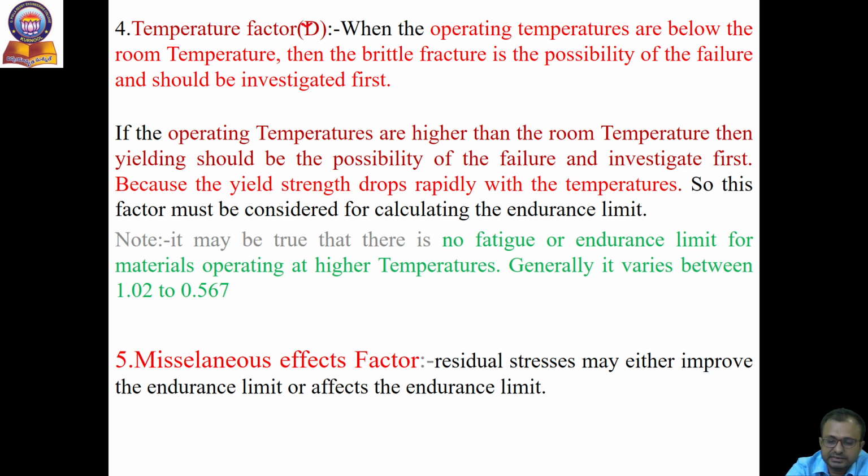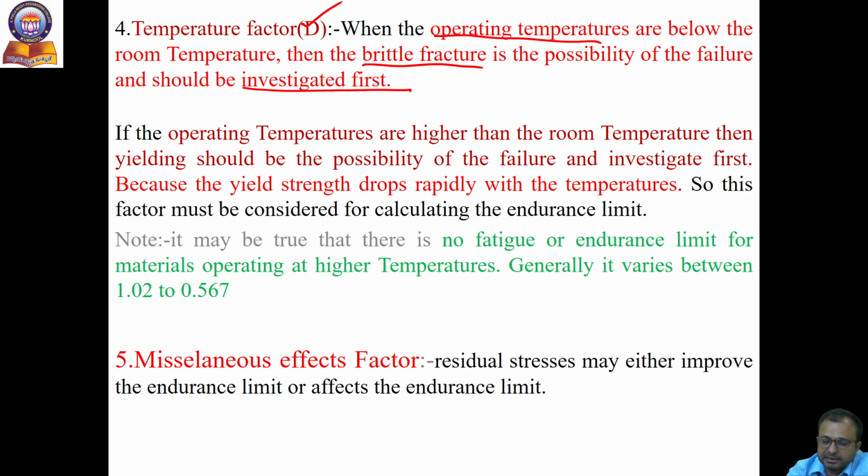Temperature factor is shown with D. So you know already any equipment operates under some room temperature or higher temperatures. If the operating temperature is below the room temperature, then brittle fracture is the possibility of failure, and this brittle failure should be investigated first.